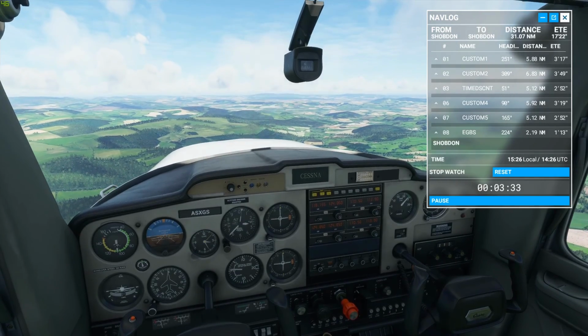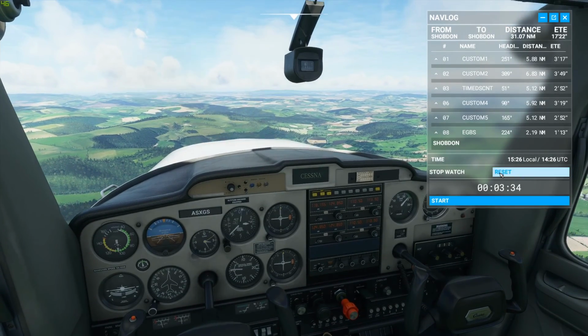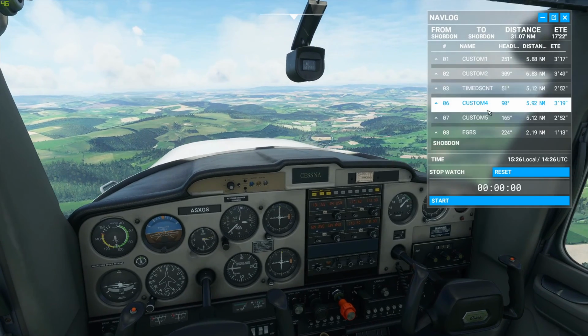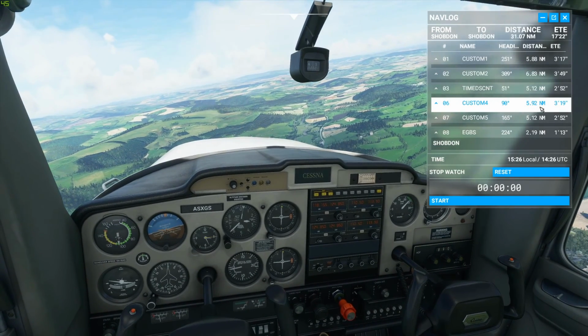Here we are overhead Knighton. I'm going to pause and reset this, going on to our next leg, heading of 090, 5.9 miles, 3 minutes 19 seconds.